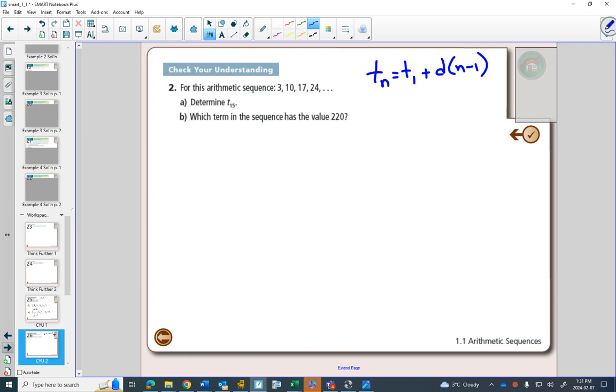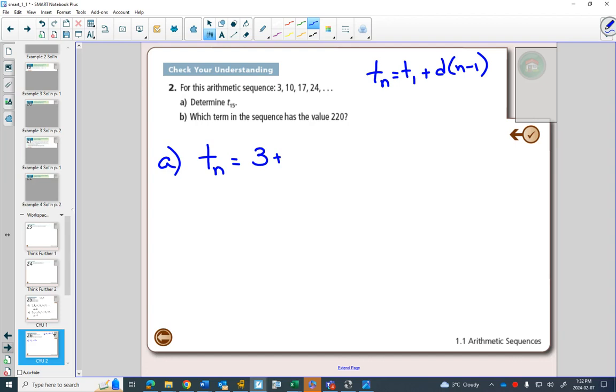And so for this arithmetic sequence, I could use the formula and say the general term would equal term 1, and term 1 is 3, plus d. How much are we going up by? 7. Now, sometimes you can't see it easily. Sometimes mental math will be super easy. It's like, oh, yeah, 3 plus 7 is 10. Super easy. Sometimes you won't be able to see it.